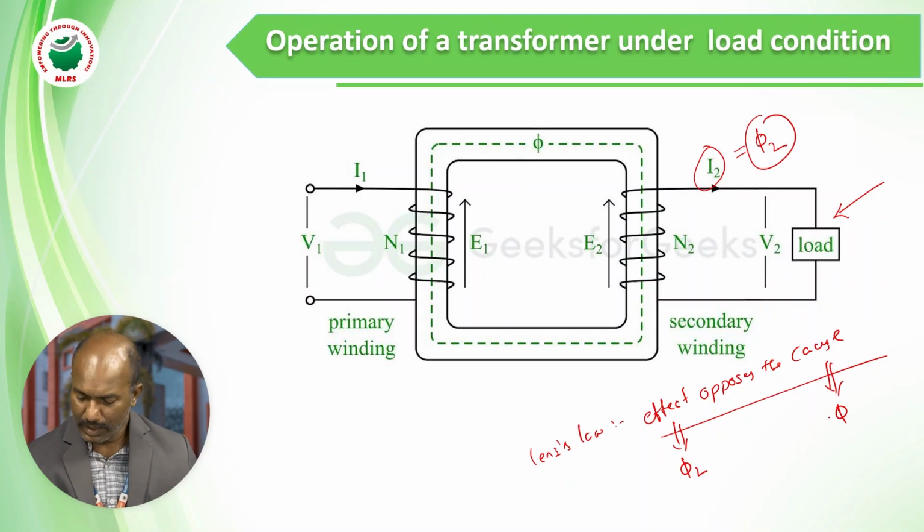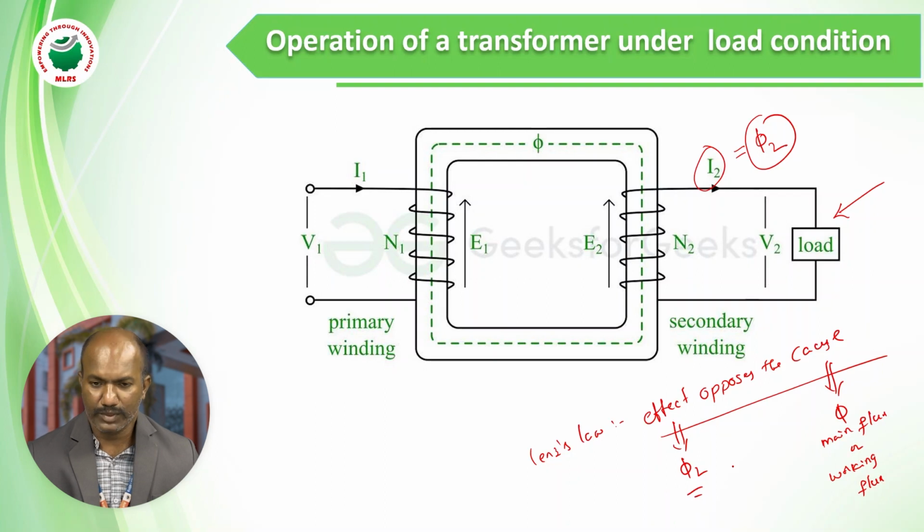So here I can say phi is the main flux, or you can say this is working flux. Now according to Lenz's law, effect opposes the cause. Here effect is phi 2, cause is the phi. So now phi 2 flows opposite direction to main flux. The direction of phi 2 in transformer core is opposite to the main working flux.